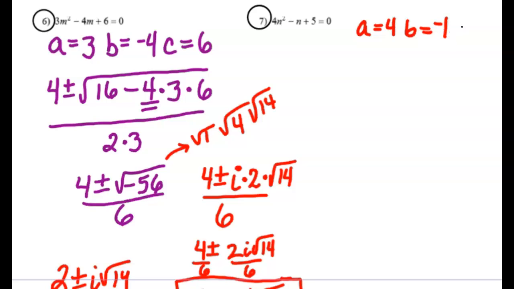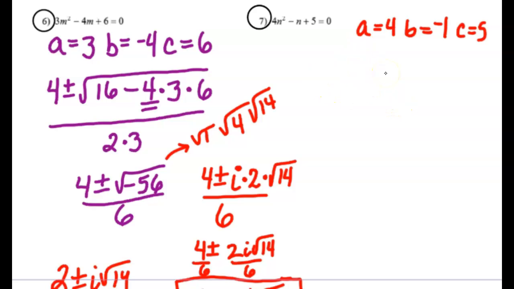Make sure B is -1. So the opposite of B, plus or minus that same B squared minus 4 times A times C all over 2A.